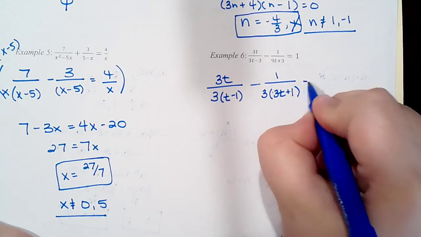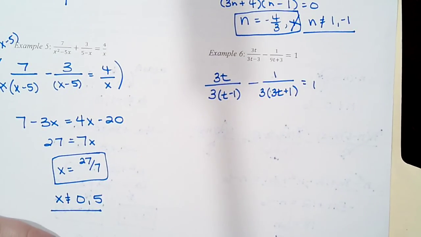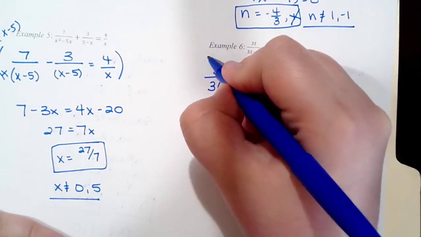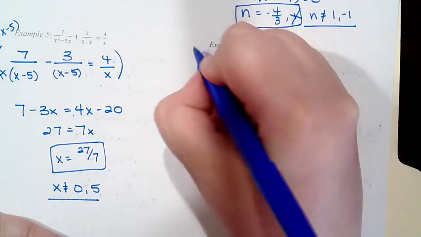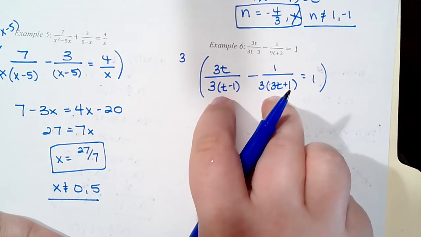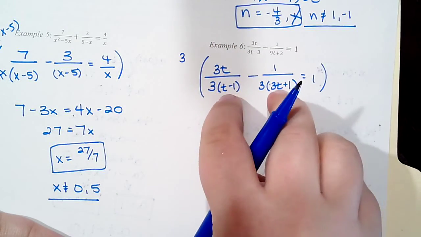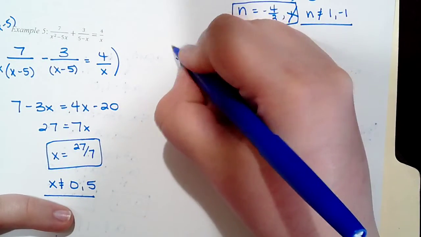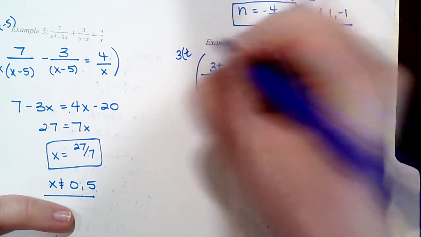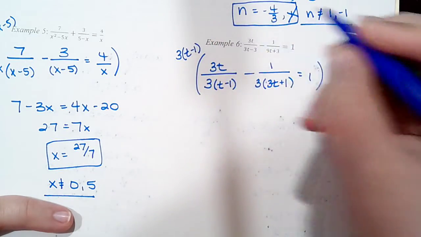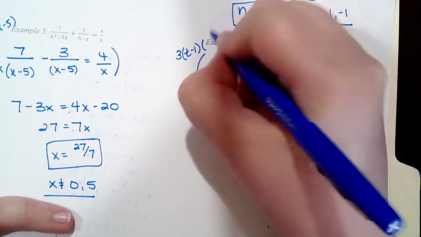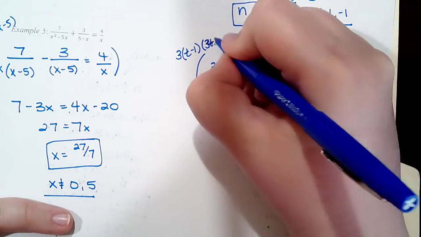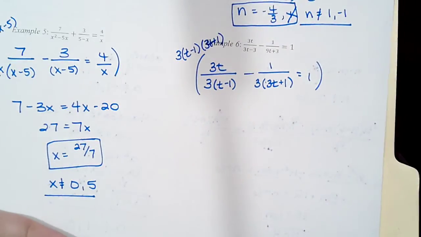And in the last one, I just have a single one. All right, my LCD in this case is going to be 3, because I see it shows up in both. And then, unfortunately, both of these are going to be in my LCD because they only show up one time, but they do both show up. So 3t plus 1.